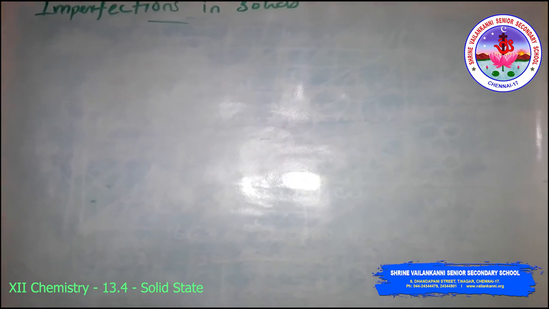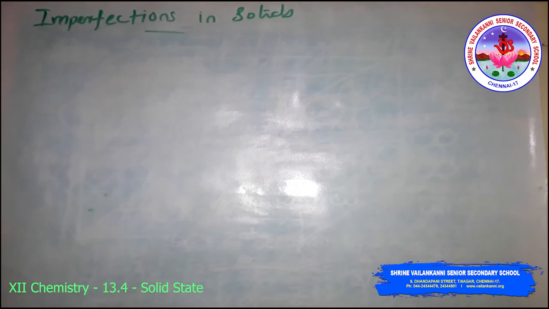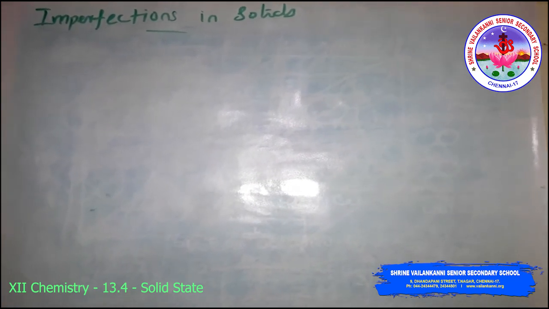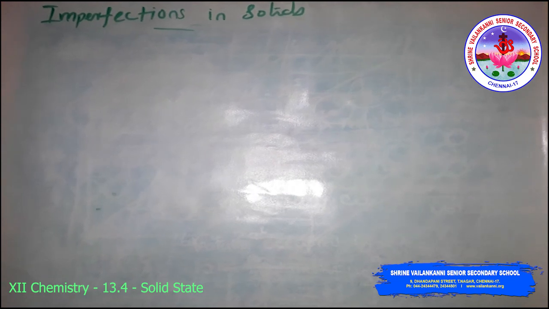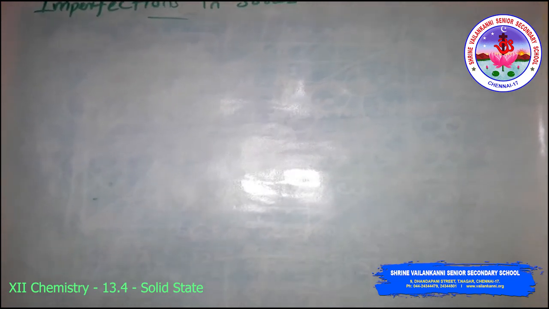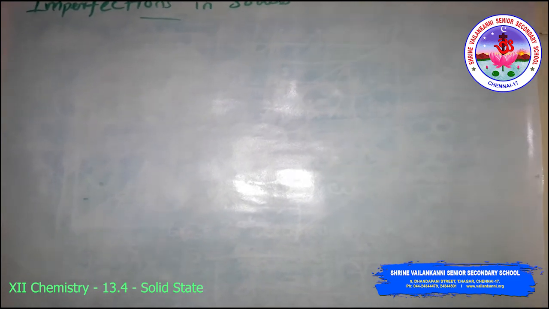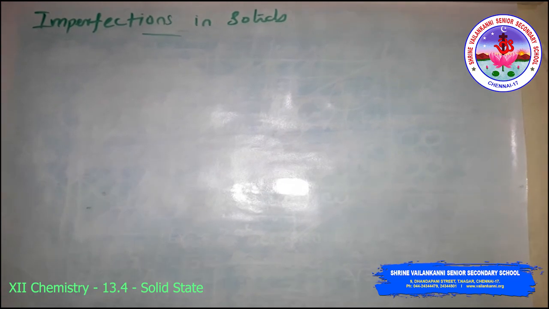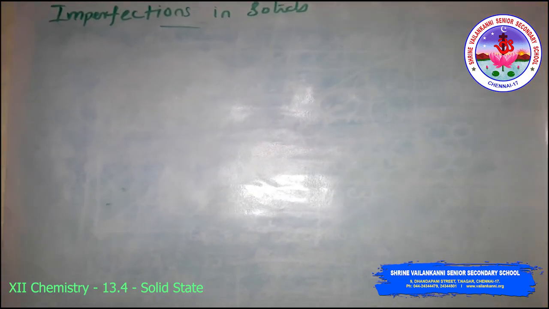This happens when crystallization occurs at a fast or moderate rate. Single crystals are formed when crystallization occurs at an extremely slow rate. So even these crystals are not free of defects.